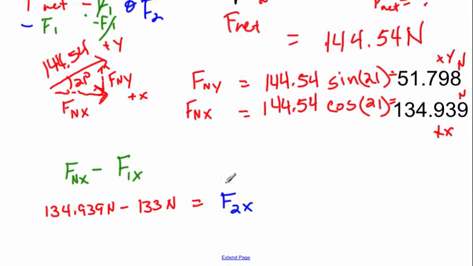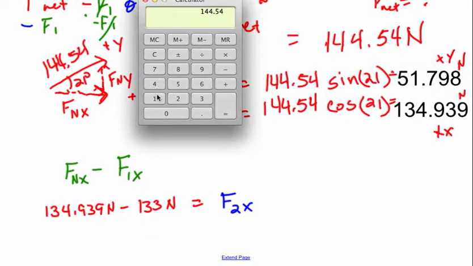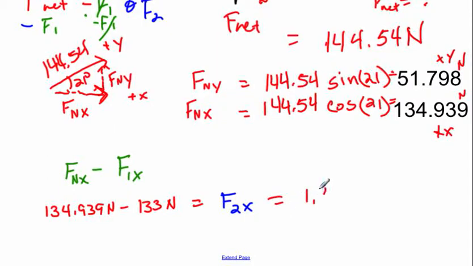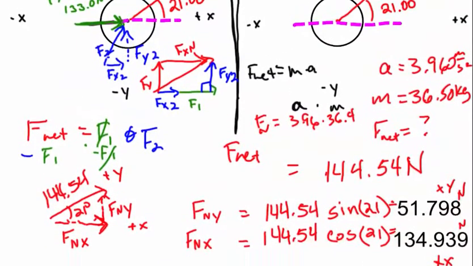So that's why we're doing this math here. And I'll get a calculator. So 134.939 subtract 133, we'll get 1.939 newtons.